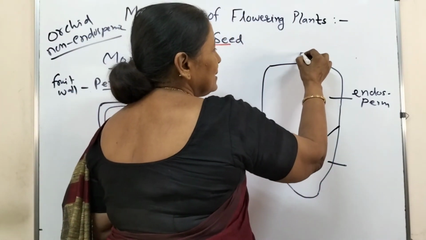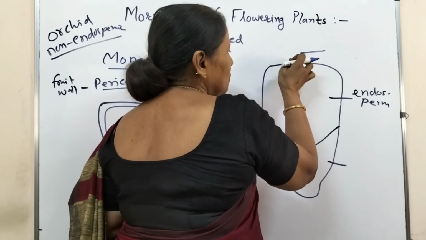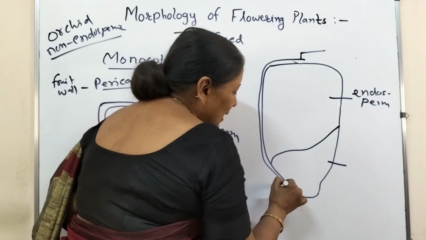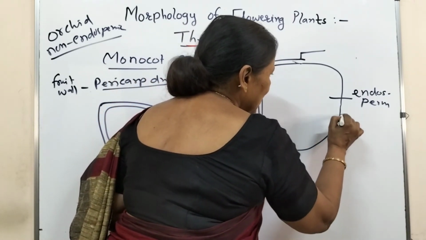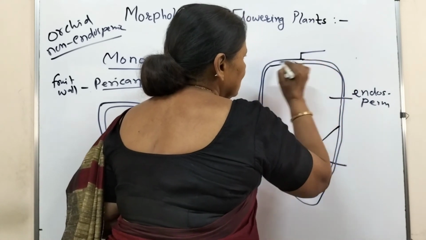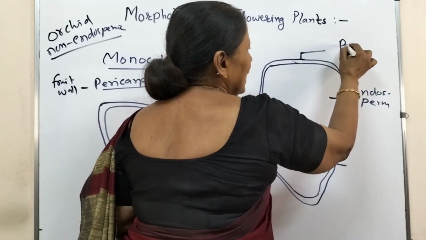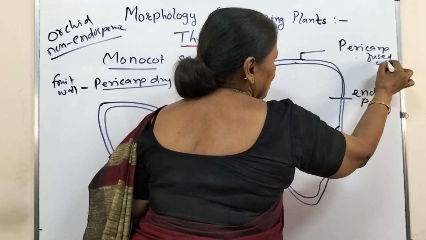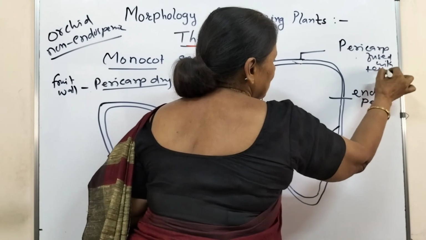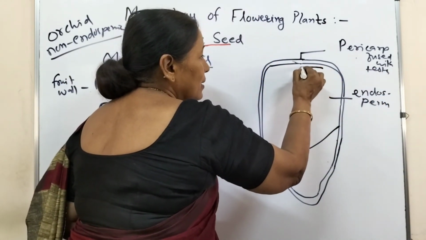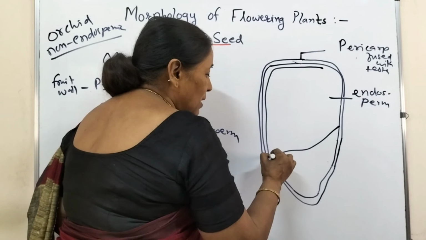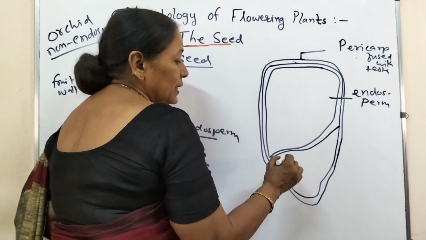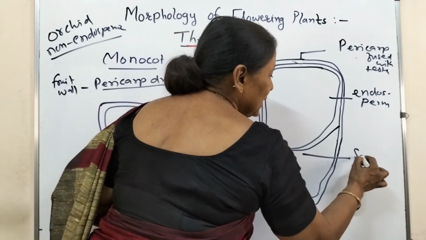Let me draw outside this. This is the testa which is fused with the pericarp. So this is the pericarp fused with testa. Now, demarcating the endosperm from the cotyledon, this is the cotyledon, called scutellum.